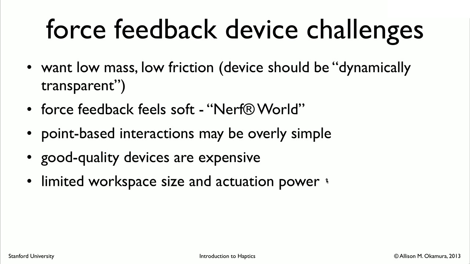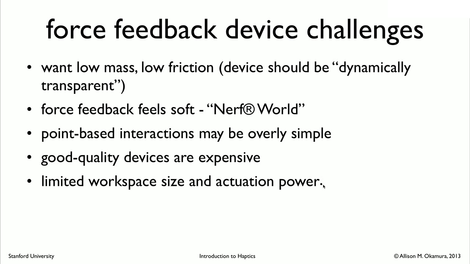There is always going to be limited workspace size and actuation power with a kinesthetic type haptic device. As you'll see when you assemble your Hap Kit, it can move back and forth over a range on the order of 10 centimeters or so. And this workspace is going to be limited because you have a mechanical mechanism, and if you made that mechanism larger, so you had a larger workspace, then you would get higher mass and higher friction and other unwanted dynamics.